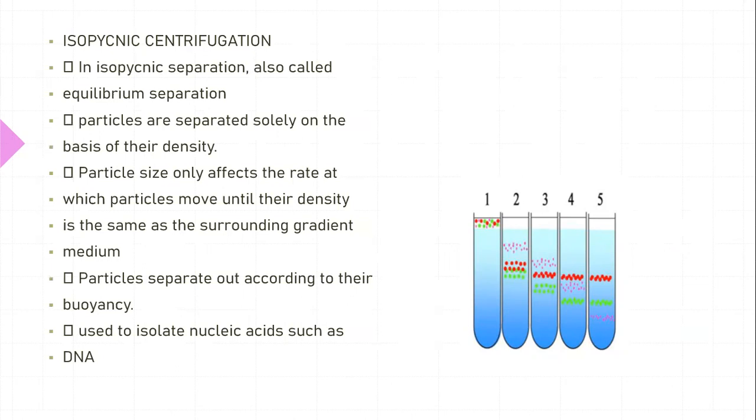The solution you use has a density gradient, so the particles remain at the place where the surrounding solution has a similar density. The separation occurs as particles separate out according to their buoyancy, and this is used to isolate nucleic acids such as DNA.